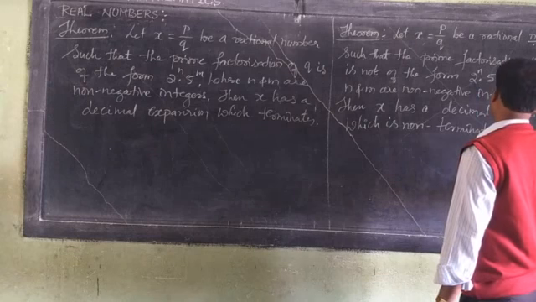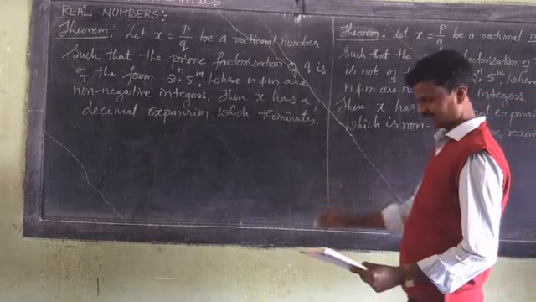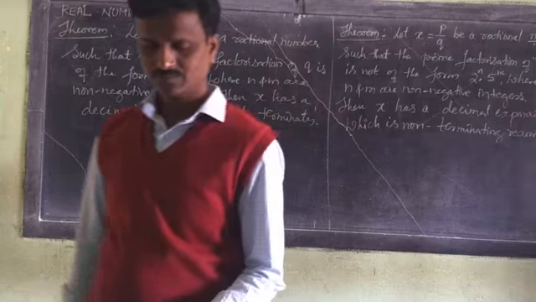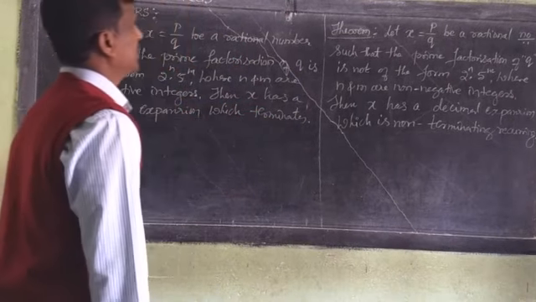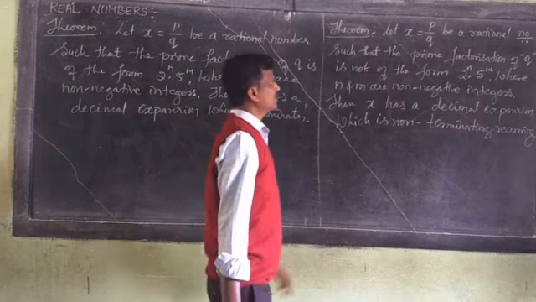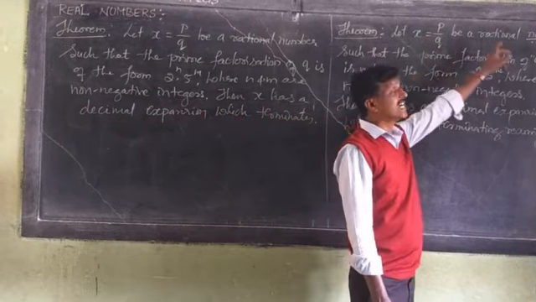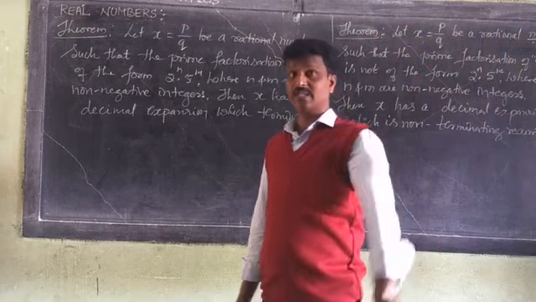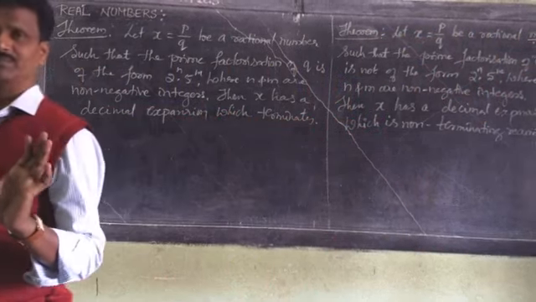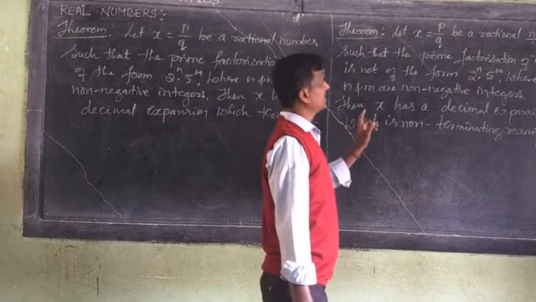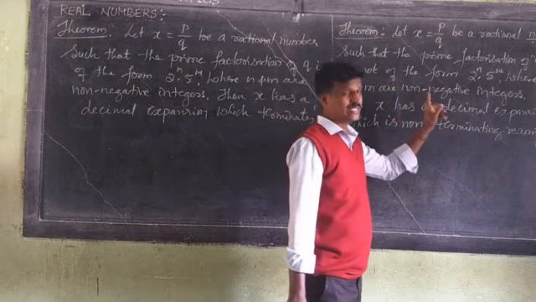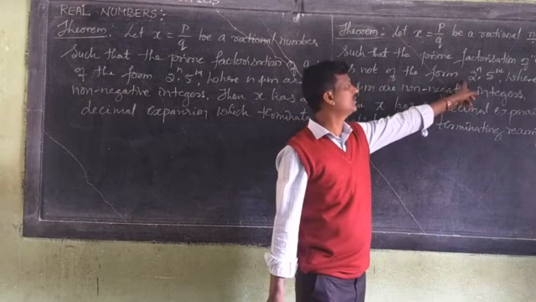Here the theorem says that let x is equal to p by q be a rational number. First we say that x is a rational number in the form of p by q, such that the prime factorization of q is not in the form of 2 to the power of n, 5 to the power of m.